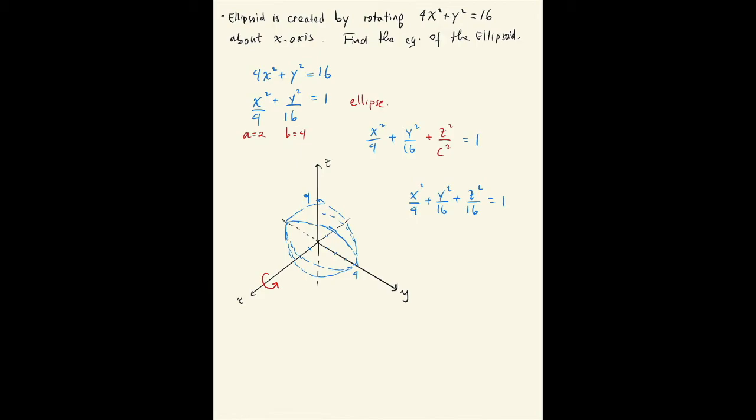The question is asking rotating through the x-axis. Then the same thing, if you rotate about the y-axis, it will be the same as the x, so it will be 4, right?